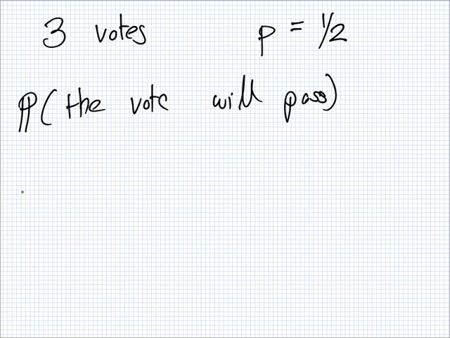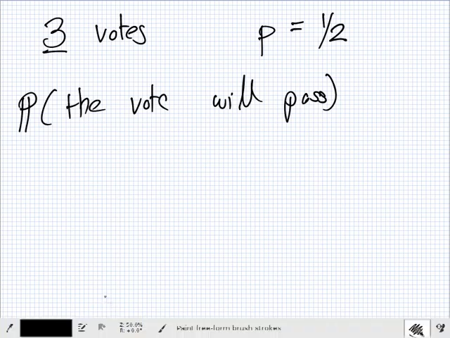Yeah, it means a majority. 3 people voting, and I want to know what's the probability the vote will pass.